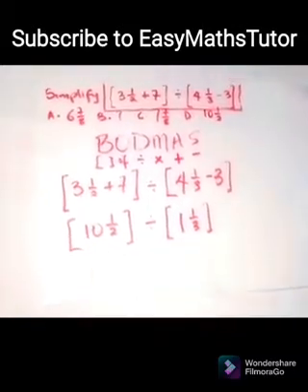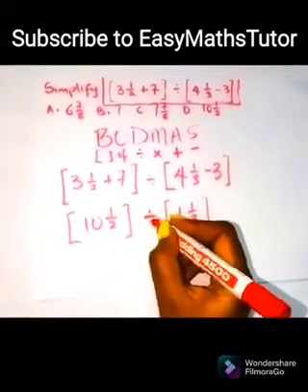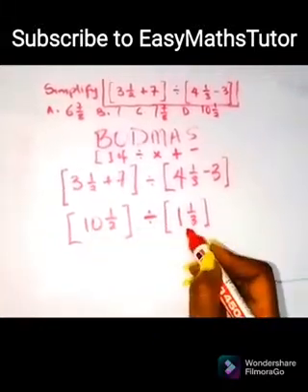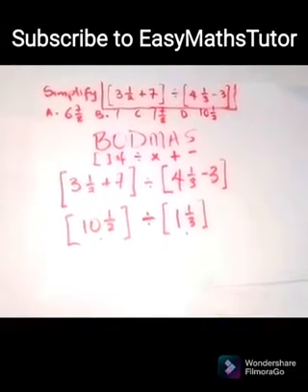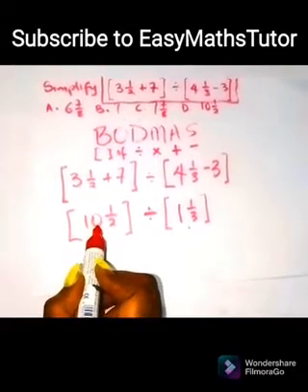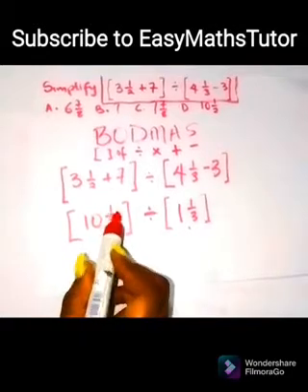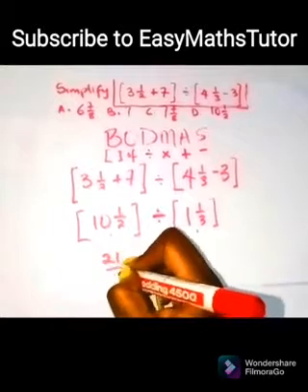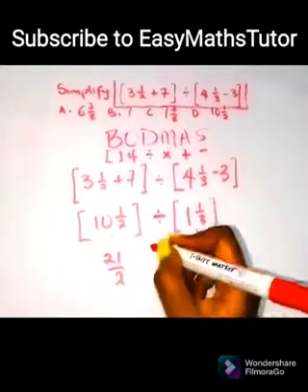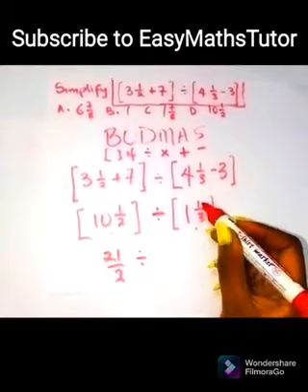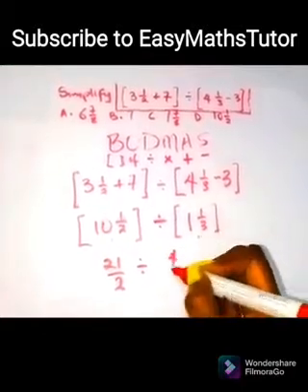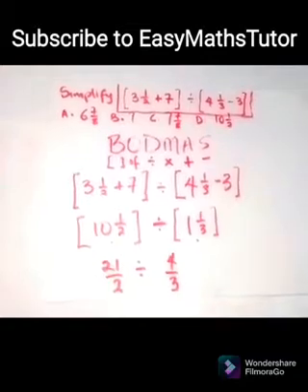So this is what we have. In order for us to be able to divide, we'll have to convert these to their improper fractions. So this improper fraction will be 10 times 2, which is 20 plus 1, giving us 21 all over 2. Divided by, for this, we have 3 times 1 plus 1, which is 4 all over 3.